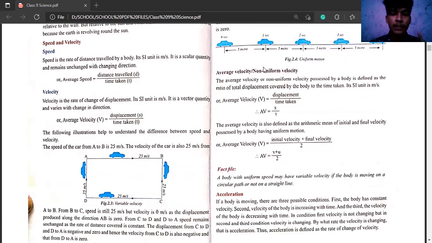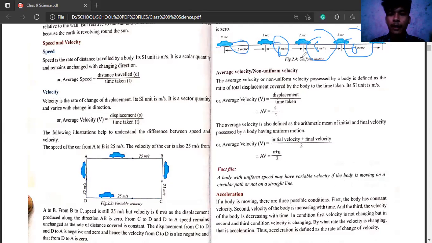While in non-uniform velocity, the velocity will change. That means it covers 5 meters in the first condition, and in this condition it is covering 5 meters. In the second condition, it may cover 6 meters. In the third condition, it may cover more. In the fourth condition, it may cover, let us say, again 6.